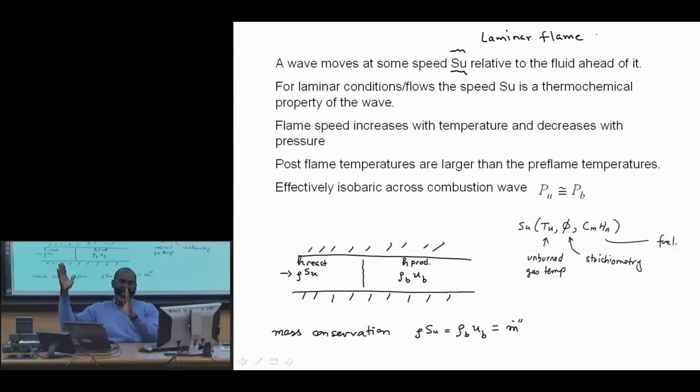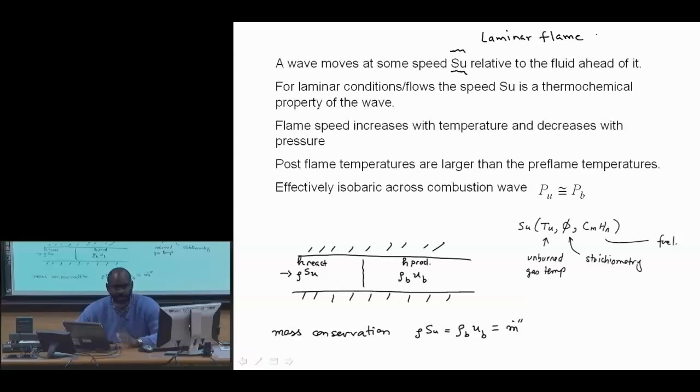And so if the unburned gas is stationary, then the front moves at the laminar flame speed, simply overtaking the unburned gas ahead of it. If the unburned gas is moving, obviously the front is moving faster in a lab frame of reference to overtake the unburnt gas.